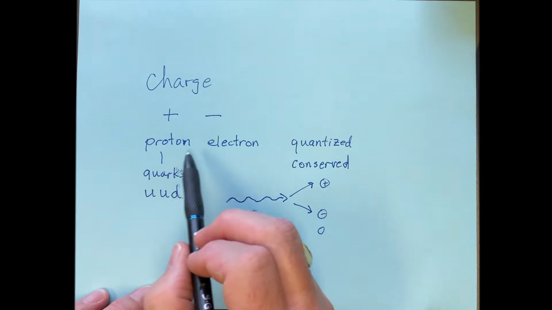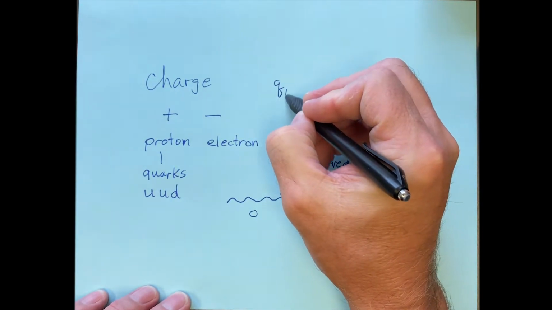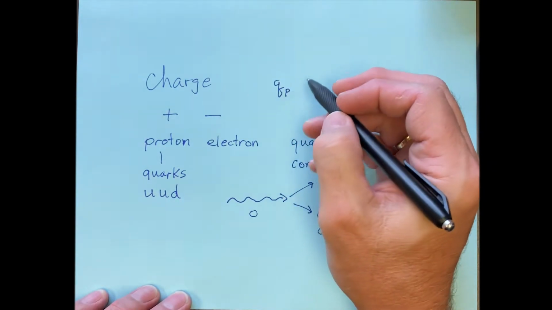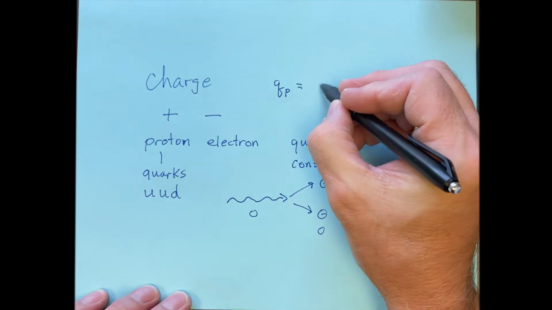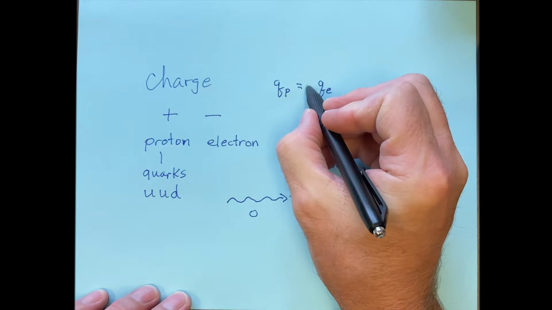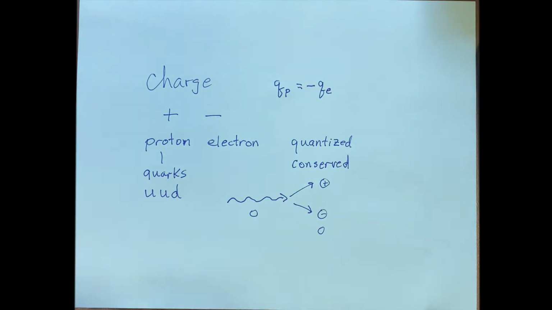They have exactly the same charge, so if we allow Q to represent the charge of a proton, we'll put a subscript P here, that's the charge of a proton, that's equal to Q for the electron, but the polarity is different. So one is the opposite of the other, one is the negative of the other. So the proton and electron have the same charge, but they have opposite polarities of that charge.